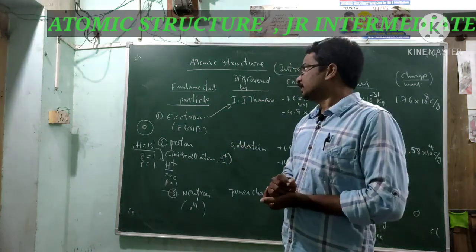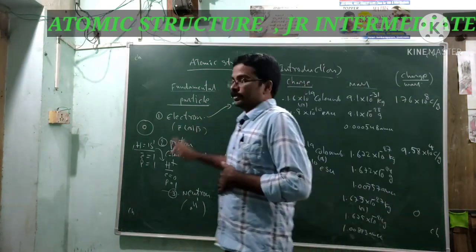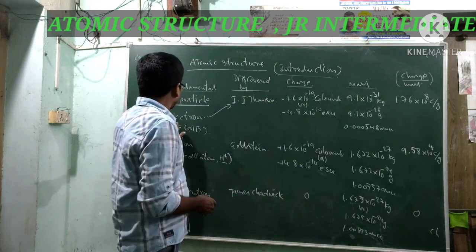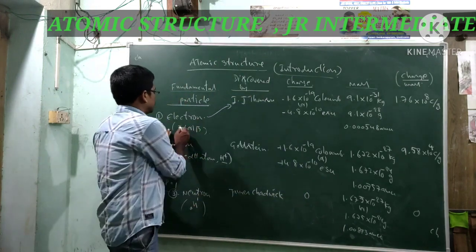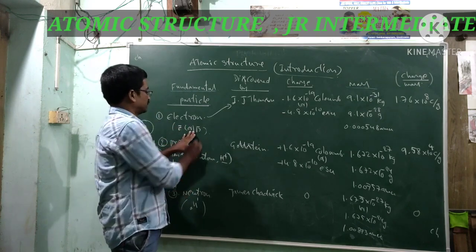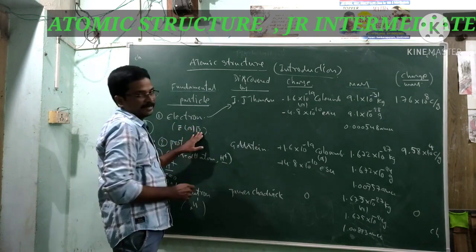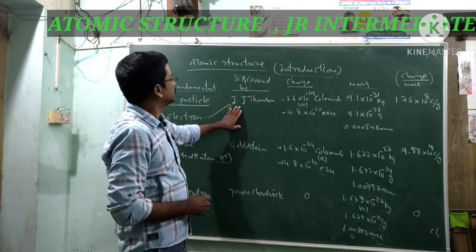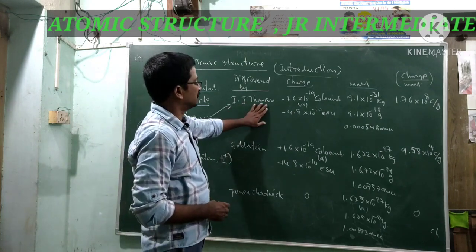Next, what about the electron? The electron is represented by e to the power of minus 1, or beta, and it was discovered by J.J. Thomson.